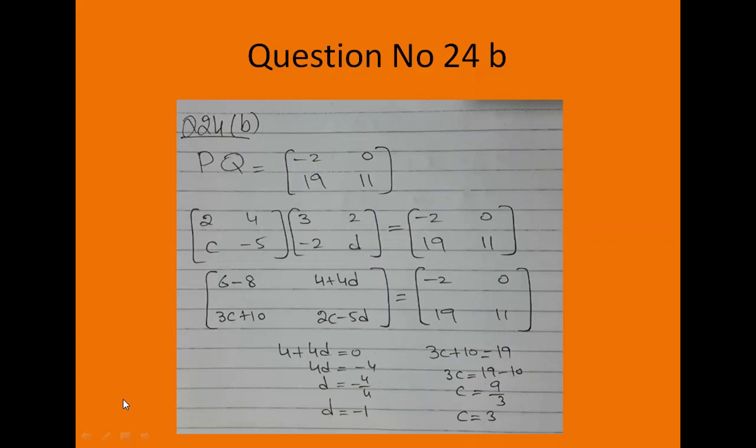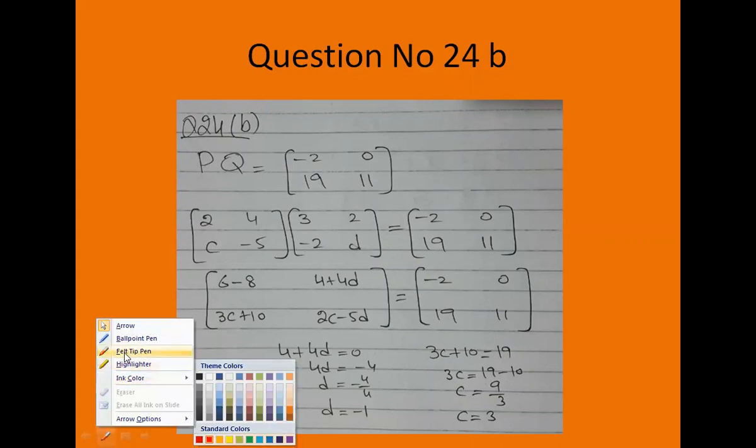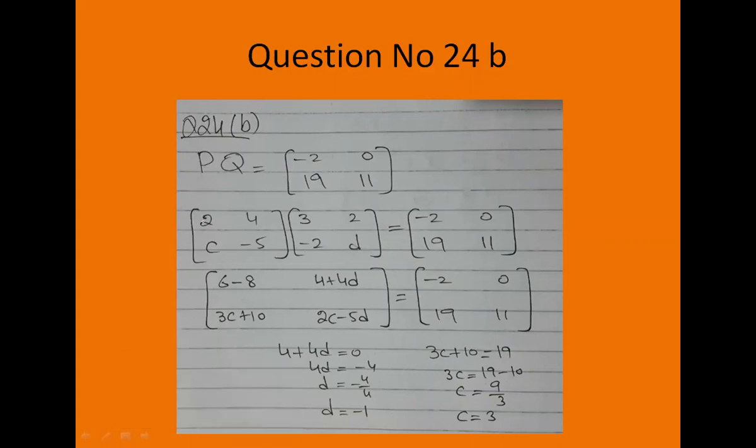The first row here, let me use the highlighter. So the first row from here will be multiplied with the first column here. 2 3s are 6 plus 4 multiplied with minus 2, that's minus 8. So 6 minus 8.